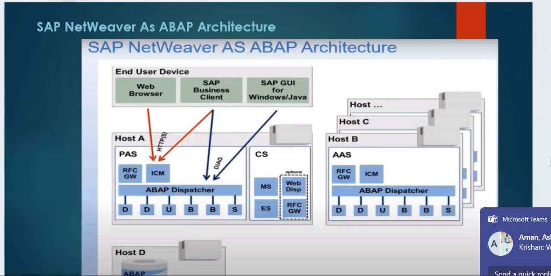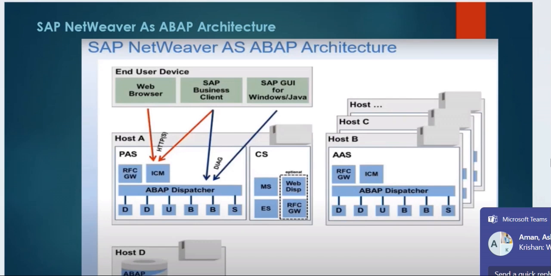Now, any idea what tables it hits in the backend? What tables does the SU01 transaction refer to in the system?